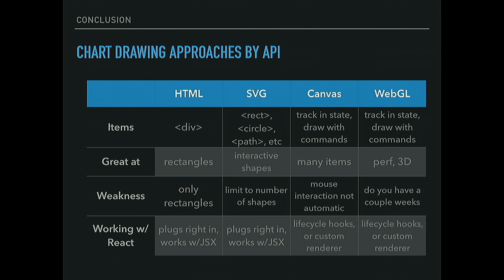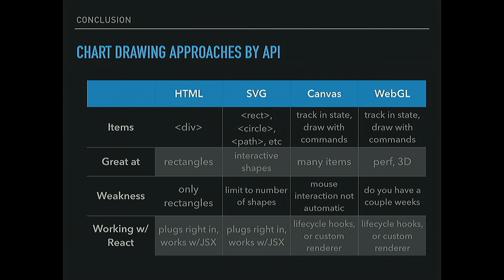SVG is great at interactive shapes, any kind of shape where you want interactivity. SVG is really great for that, and animation. Its weakness is there's a limit to the number of shapes, and I mean like scale, like thousands of shapes. I don't mean like you can't have a triangle.